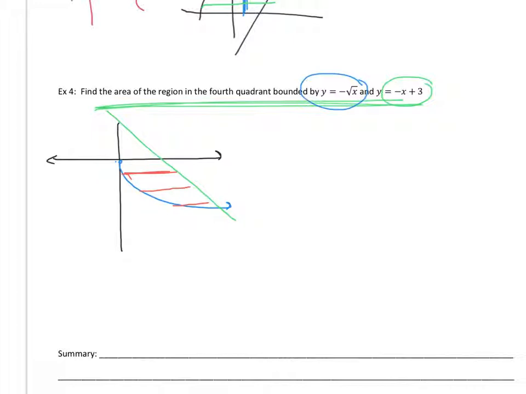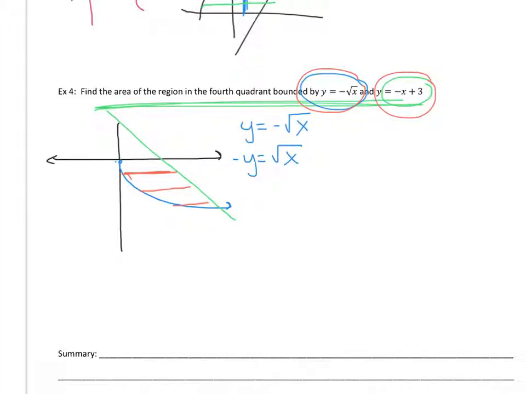So if I'm going to integrate with respect to y, the first thing I need to do is solve both those equations for x, because you want to plug in y-based equations. So let's look at the blue one together, okay? So right now you have y equals negative the square root of x. So the first thing you need to do is get rid of that negative. So you're going to end up with negative y equals the square root of x.